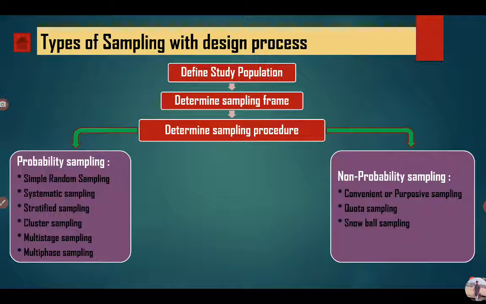The probability sampling technique contains some subgroups, that is simple random sampling, systematic sampling, stratified sampling, cluster sampling, multi-stage sampling, and multiphase sampling. The non-probability sampling technique contains convenient or purposive sampling, quota sampling, and snowball sampling.